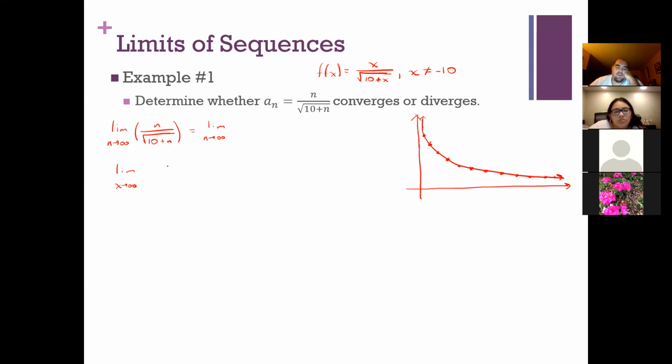So this limit is going to be equal to the limit as x goes to infinity of x prime over 10 plus x prime.